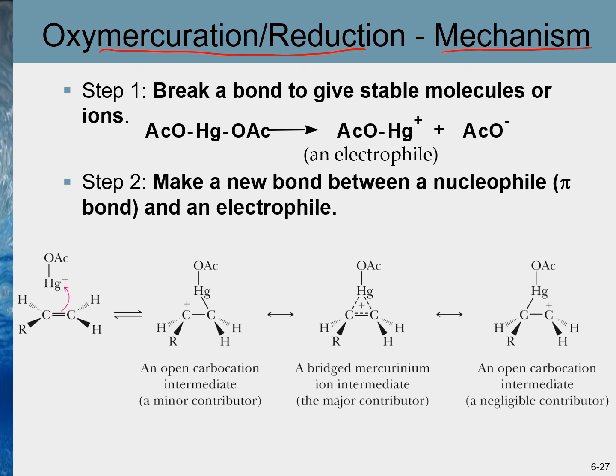Step 1 of this reaction involves the dissociation of mercuric acetate to produce an electrophile. In step 2, a new bond between a nucleophile and an electrophile is generated. As in case of other reactions, our alkene acts as a nucleophile and the mercury electrophile, which was generated in step 1, is the sink for the nucleophilic attack.